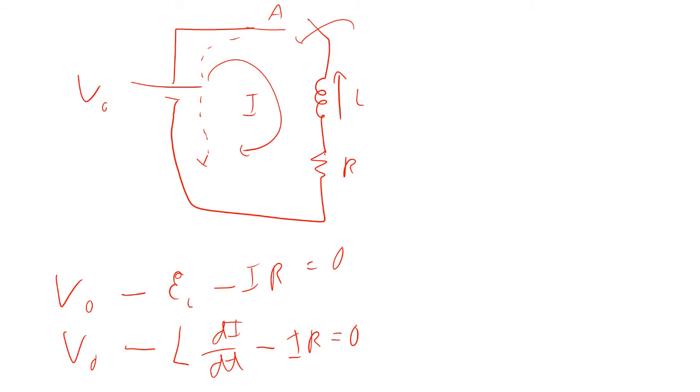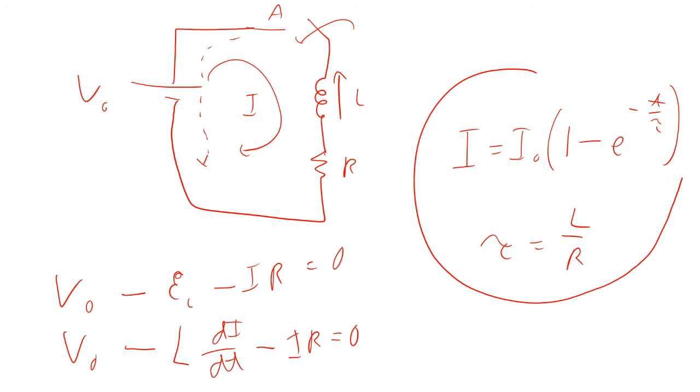Now again, we saw a very similar equation to this when we looked at the capacitor as it was charging, and so you get exactly the same result here. I is equal to I naught times (1 minus e to the minus t over tau), where tau equals L over R again.